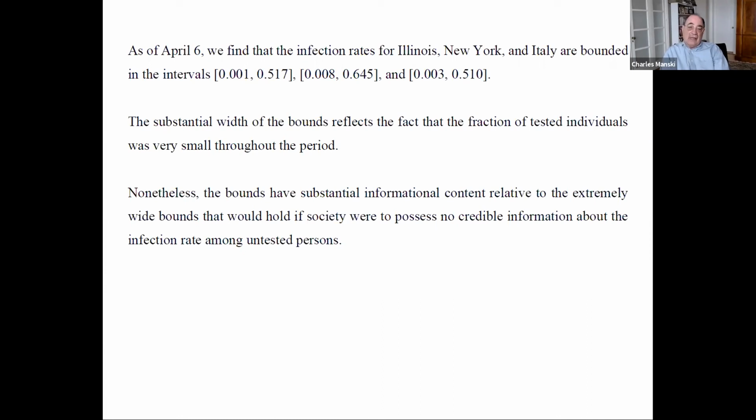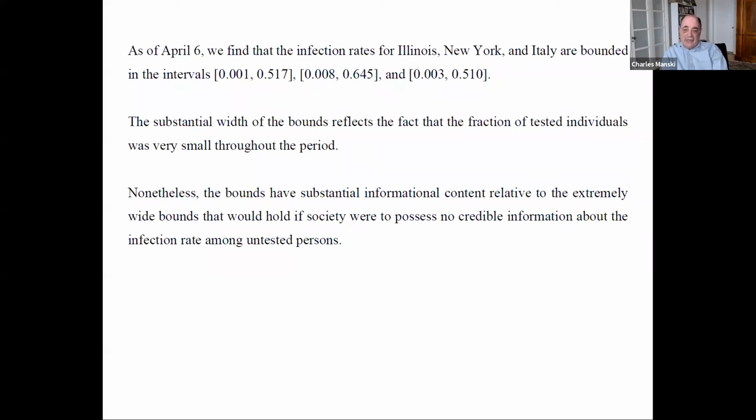Now, the fact that these bounds, as of this time in April, are still so substantial in width is because 99% of people have not been tested. So if we assume nothing, you would just get a bound that's of width 0.99. We're able to basically cut that in half. So there is some information content in this.